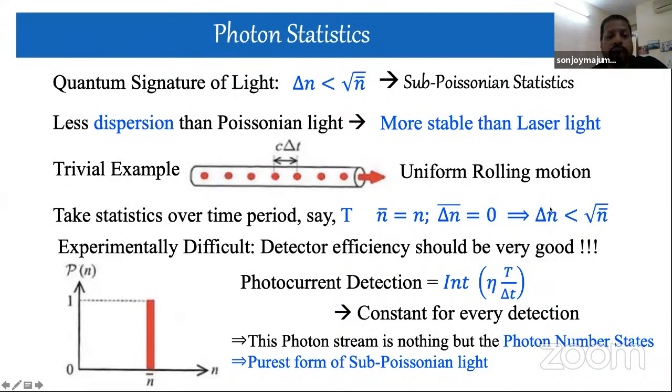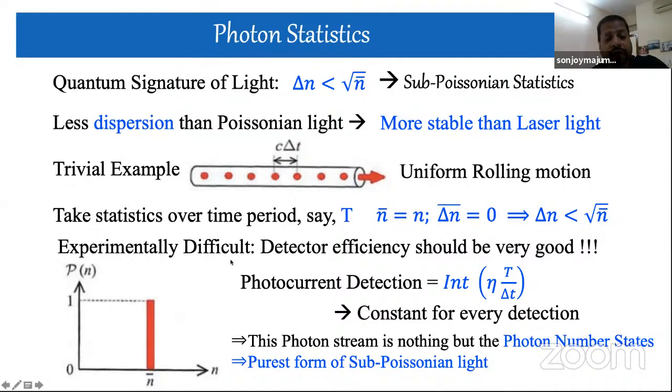That is the idealistic scenario where your fluctuation is less than the square root of n bar, or the variance is less than n bar. This is one of the simplest and most trivial examples of sub-Poissonian distributions, but it is not possible to demonstrate in an experiment.